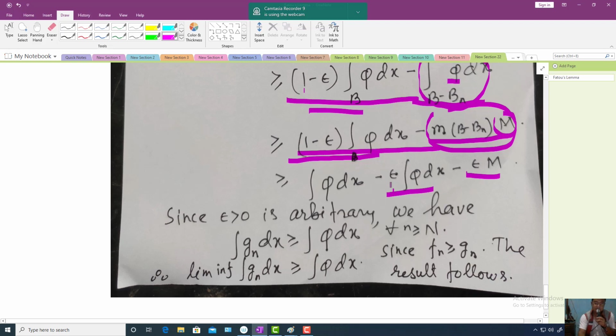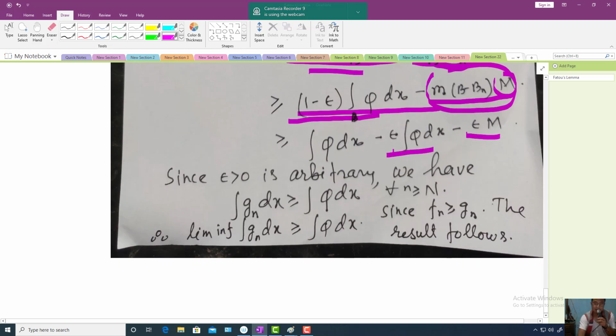But epsilon is arbitrary. Epsilon can be a very, very small number. So since epsilon is arbitrary, the integration of gn dx is going to be greater than the integration of phi dx. This is true for all n greater than or equal to capital N. Since gn is monotonic increasing as n tends to infinity, the limit infimum is going to be greater than the integration of phi dx.